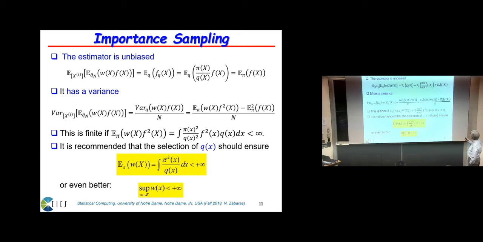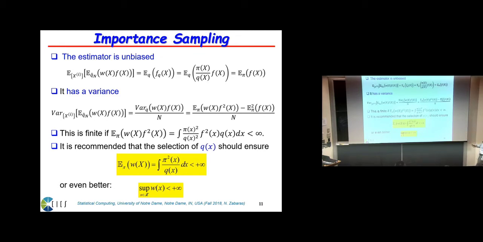And if you expand it, you may say, wait a second, where did you get this type of thing? Here is an expectation with respect to pi. You know what the first term is supposed to be? It should be an expectation with respect to Q of W squared, F squared times Q in the integral. When you take the variance, it is the expectation of the argument squared minus the expectation squared, right?